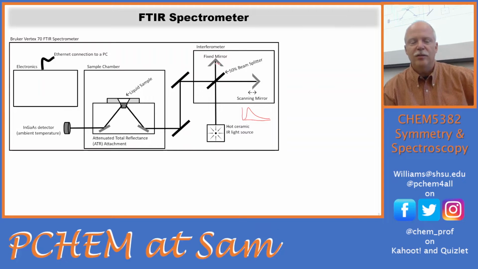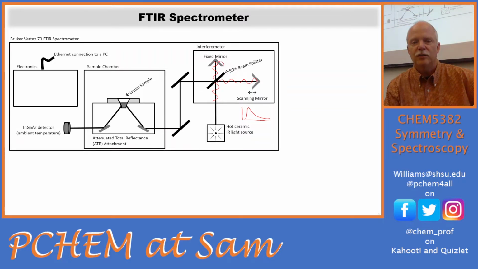Then we take this through, in our modern instruments, we use an interferometer. And so this light coming along, like if we had plane polarized light, would split, and some of it would go this way, and some of it would go this way, and we move this mirror back and forth, and we create constructive and destructive interference at the beam splitter.